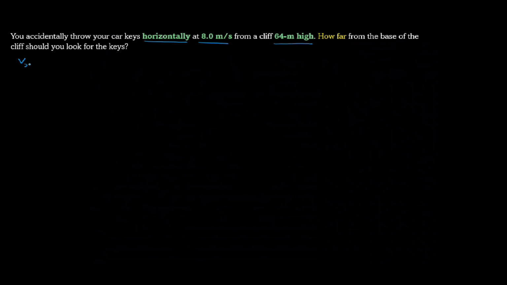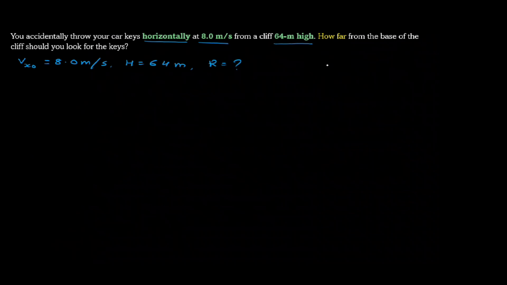So I have vx0, 8 meters per second. Again, Vy0 will be 0 here because it is a projectile which is launched horizontally. The height of the cliff edge is 64 meters. I need to find how far from the base of the cliff should you look for the key. So I need to find the range R.